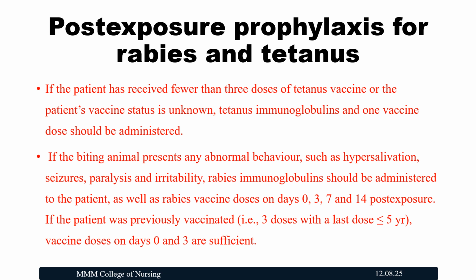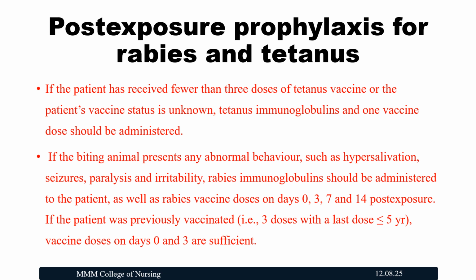If the biting animal presents any abnormal behavior such as hypersalivation, seizures, paralysis, irritability, in that case rabies immunoglobulin should be administered to the patient, as well as rabies vaccine doses on day 0, day 3, day 7 and day 14 post-exposure.